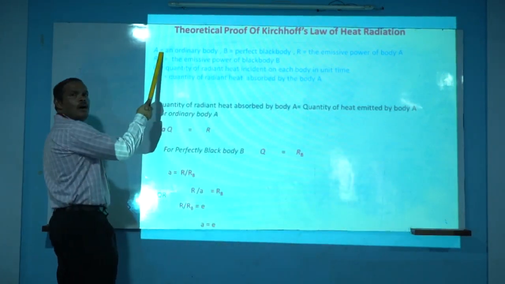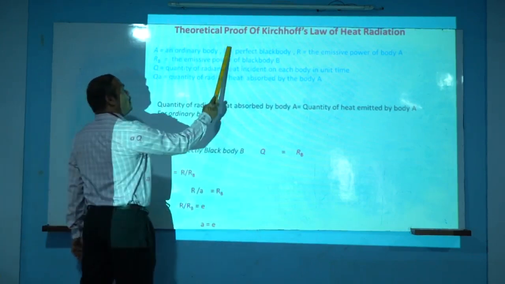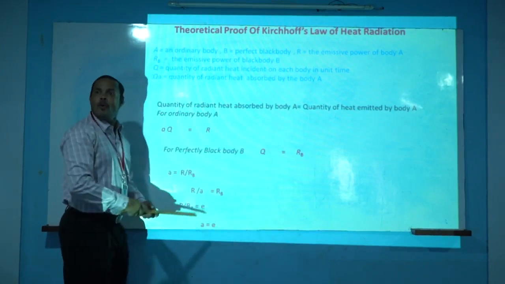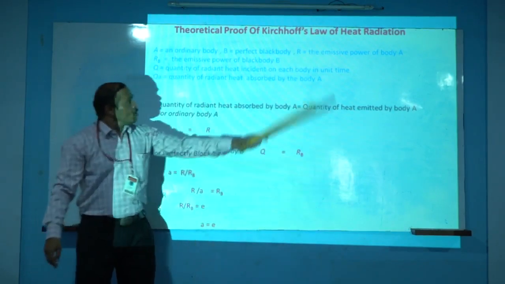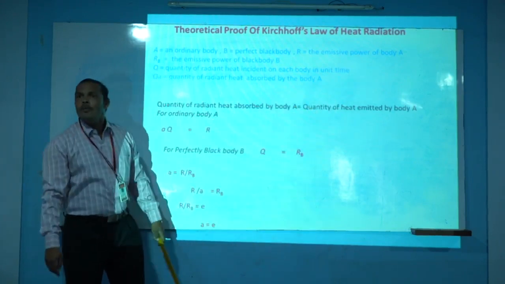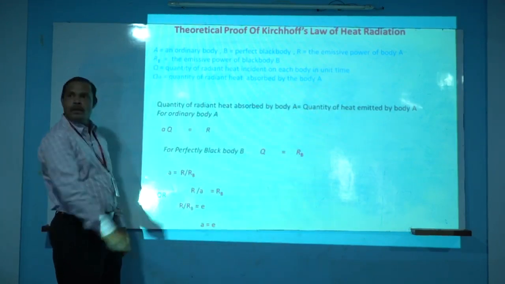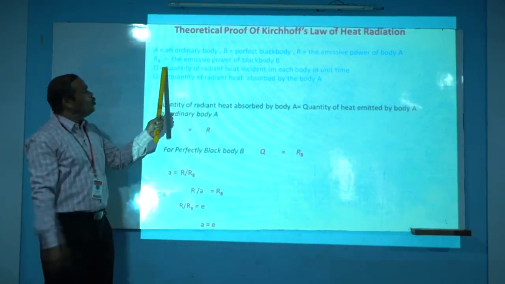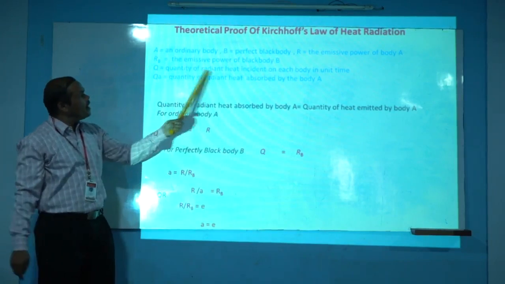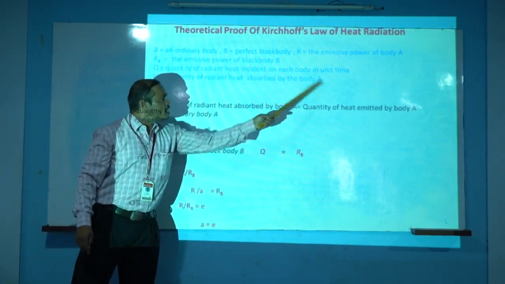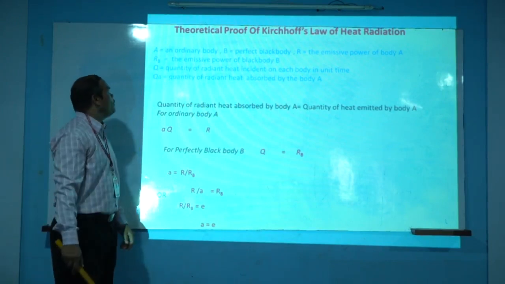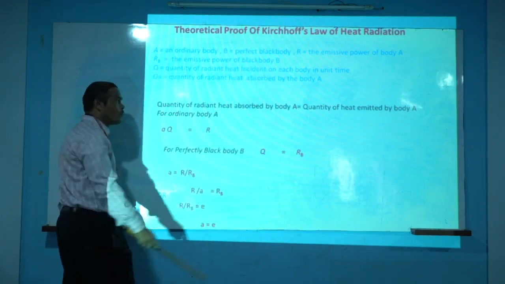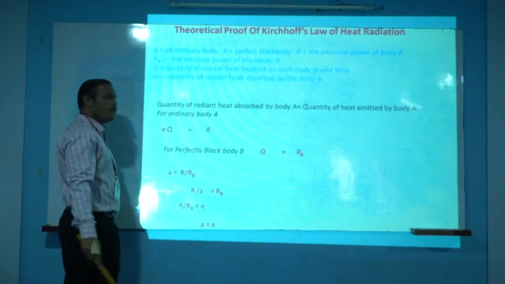Let A be the ordinary body, capital B the perfectly black body, capital R the emissive power of ordinary body A, Rb the emissive power of perfectly black body B, and capital Q the amount of heat radiation incident on each body in unit time. Let Qa be the quantity of heat radiation absorbed by the ordinary body A.